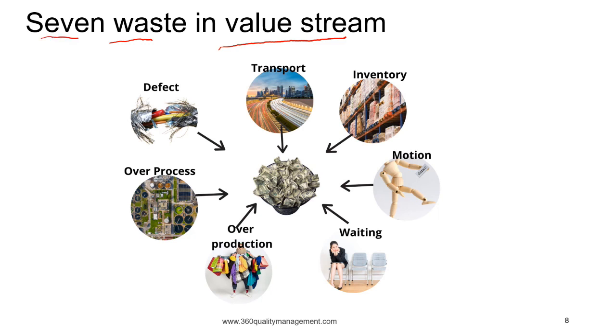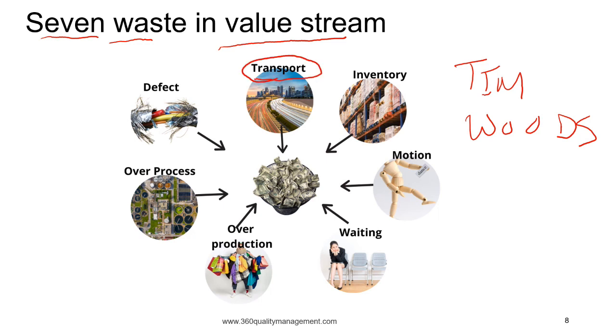There are 7 wastes according to lean manufacturing, which has the acronym of TIM WOOD. The first one, transportation.